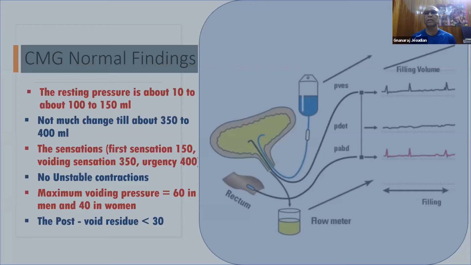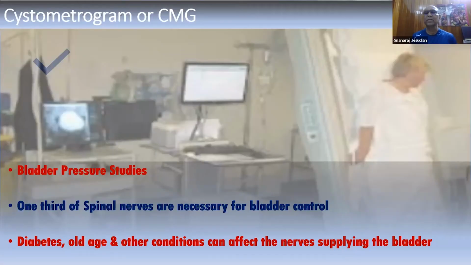One of the most important investigations that is necessary is called the cystometrogram, or bladder pressure studies in plain English. This would tell us whether there is any significant obstruction or not, and also quantify the obstruction.